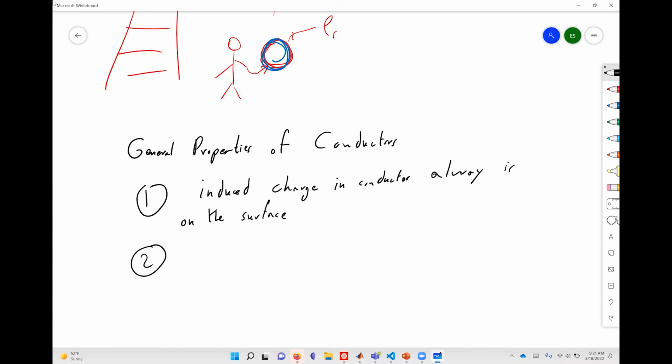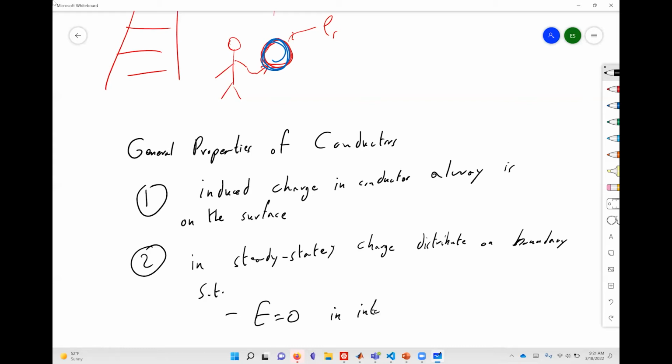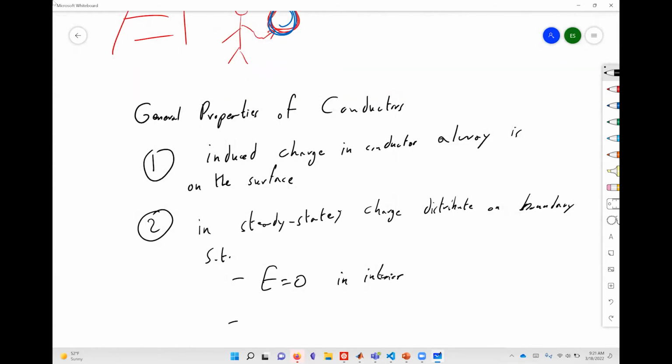That's 1. 2, in steady state, meaning when everything settles, charges distribute on the surface, on the boundary, such that E is 0 in the interior, and E_T, which is the tangent field, is 0 at the surface.